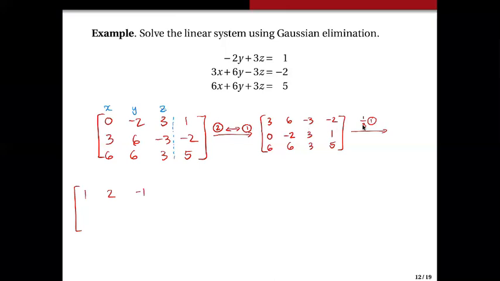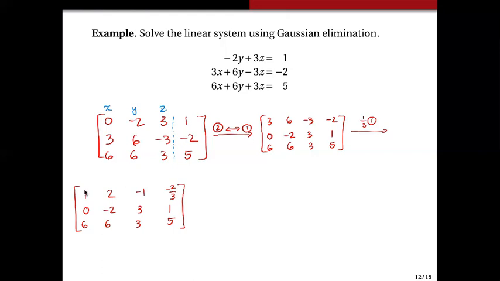Then -2 divided by 3, that's -2/3. We did not do anything on the second and the third row, so we'll just copy them. 0, -2, 3, 1. Then here we have 6, 6, 3, 5. That's step 3.